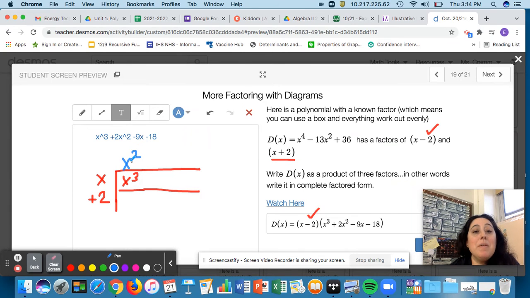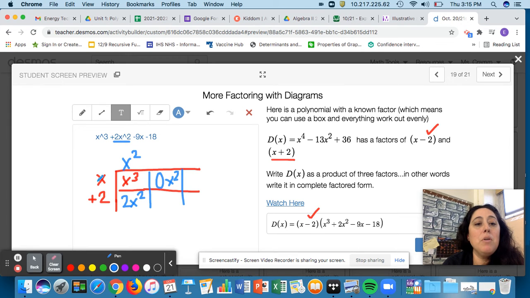Now that I know that, x squared times 2 is 2x squared. Now with the x squareds, I want 2x squared. Oh, so I don't want anything else. I've already got 2x squareds. So up here, I'm just saying I don't want any more x squareds. I got them, it matches, I'm great.